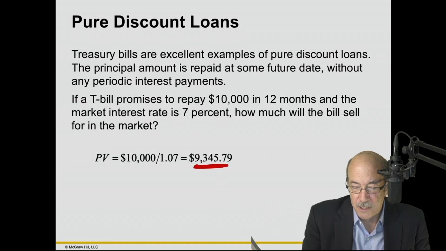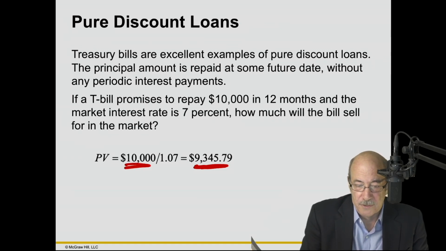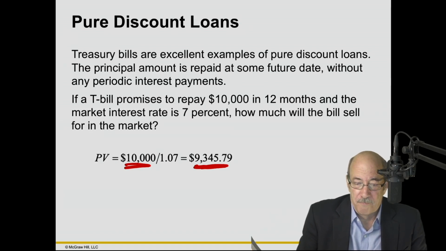you pay me $9,345.79 right now, and then 12 months later, we're going to pay you back $10,000. And by the way we've calculated this, we know that that actually is going to yield 7% on our $9,345.79.